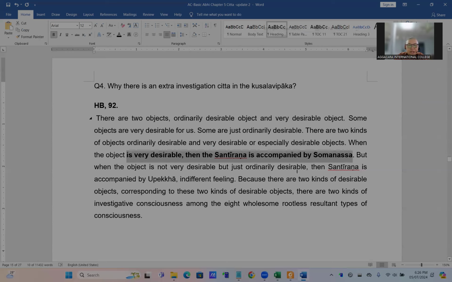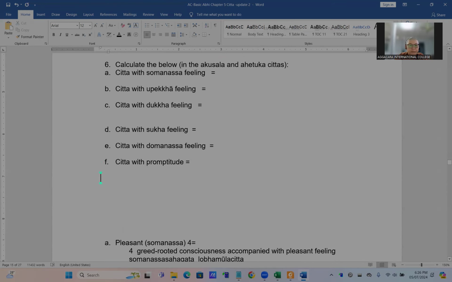But if it's not very desirable, then Santirana is accompanied by Upekha, indifferent feeling. So depending on the two objects, there are two types of feeling, either Somanasa or Upekha. That's the answer for this one.